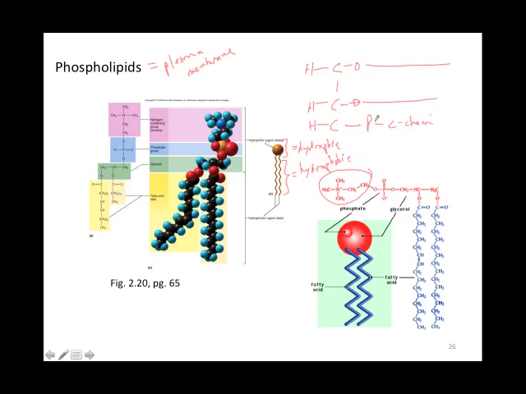And when you have a molecule that has both hydrophilic and hydrophobic regions, this molecule is called amphiphilic, meaning it has both hydrophobic and hydrophilic regions. And again, amphiphilic. We'll address this in more depth when we get into Chapter 3 and talk specifically about the properties of the cell membrane.